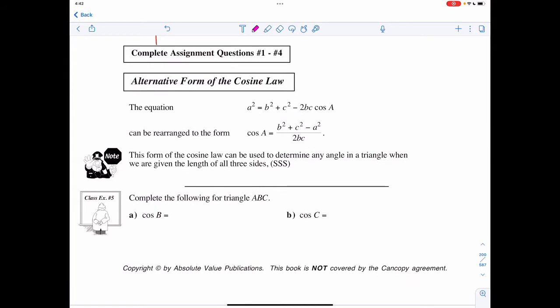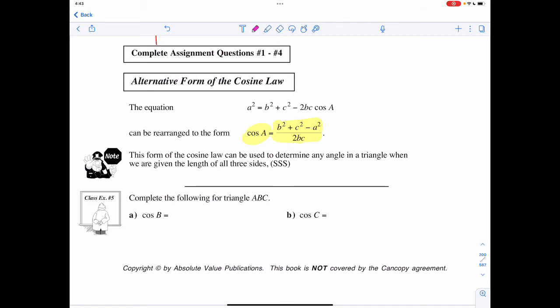All right, so that's how we use the cos law in order to solve a side length. In order to solve an angle, we have to rearrange the formula in order to isolate for the angle or cos of the angle, just like what we had to do when we were doing the sine law. Here's the basic form of that rearranged one: B squared plus C squared minus A squared over 2BC.